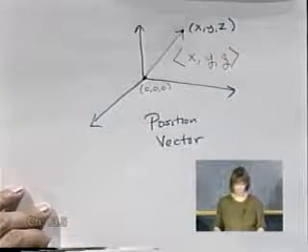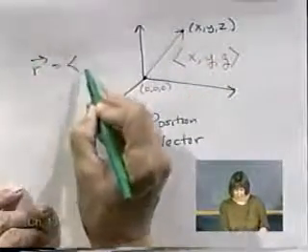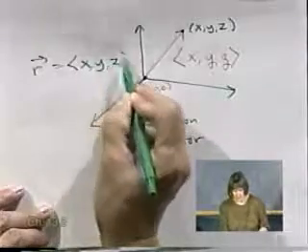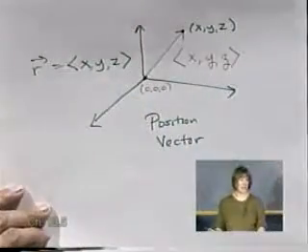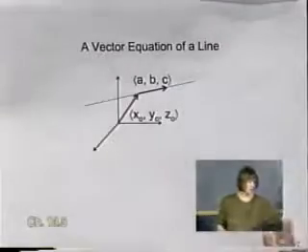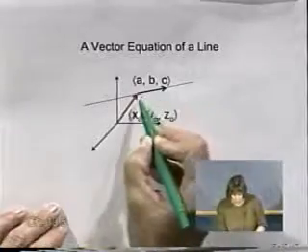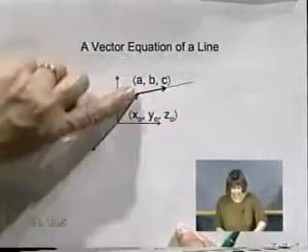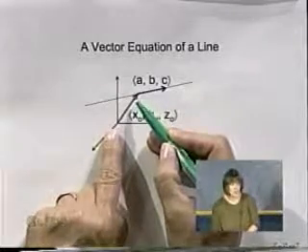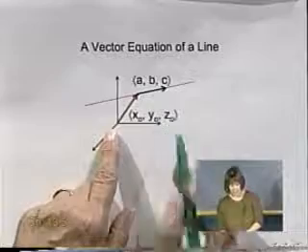Okay? No big deal. We could call that vector r, and we could represent it as the position vector that's pointing out the point x, y, z. Okay, not too deep stuff. All right, now using that thought process, I have a particular point, x naught, y naught, z naught, and the vector that's pointing me to it is the vector whose components are x naught, y naught, and z naught.